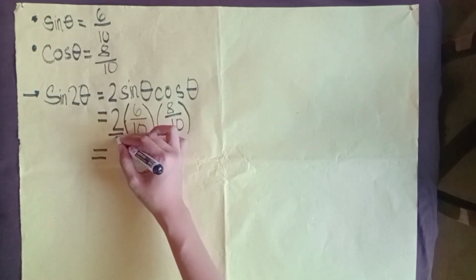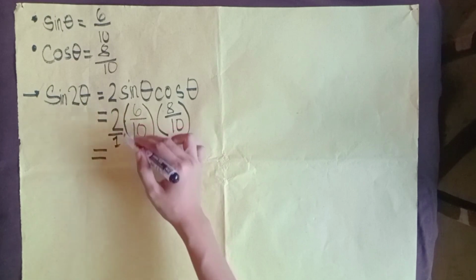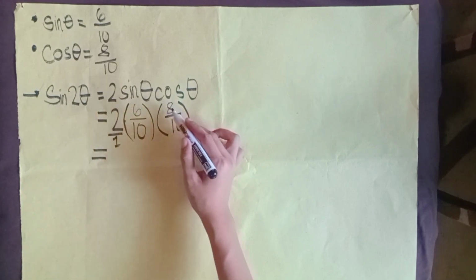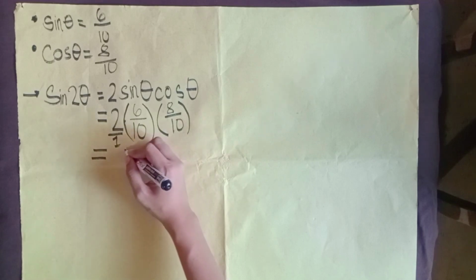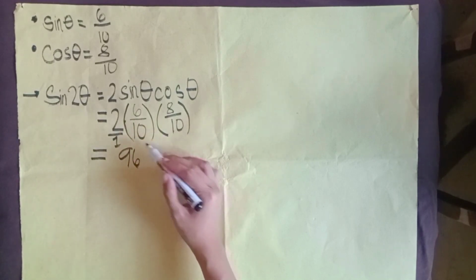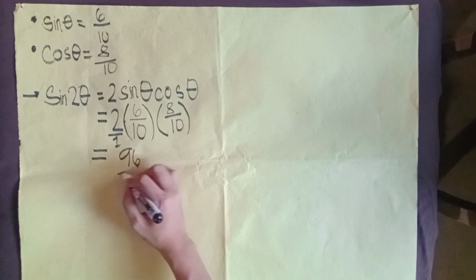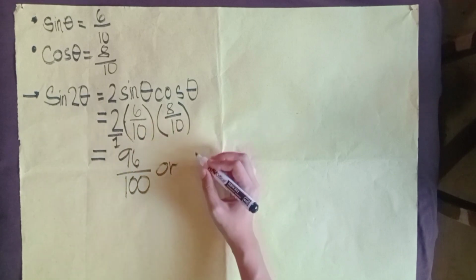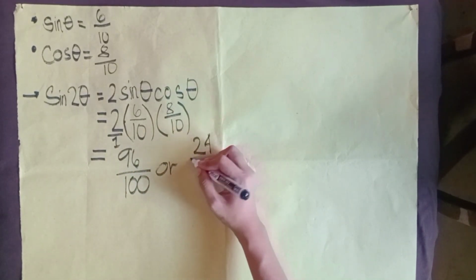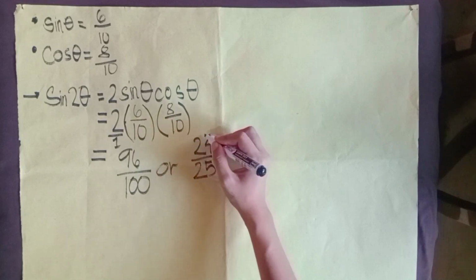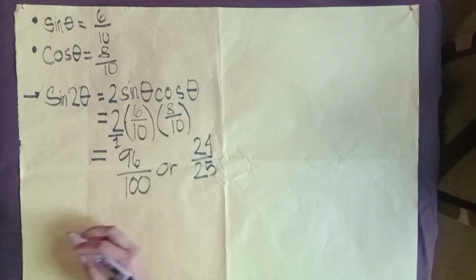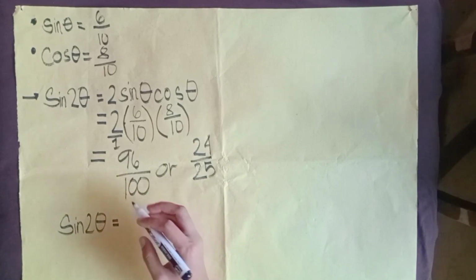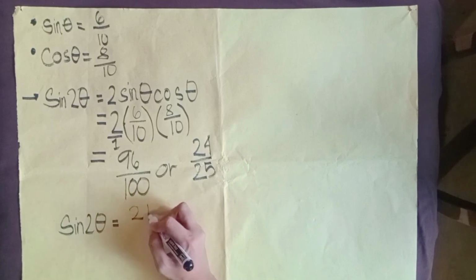So 2 is the same as 2/1 by the way. So we need to multiply. 6 times 2 is 12. 12 times 8 is 96. So that equals 96 over 100, or 24/25. So the value of sine 2 theta equals 24/25.